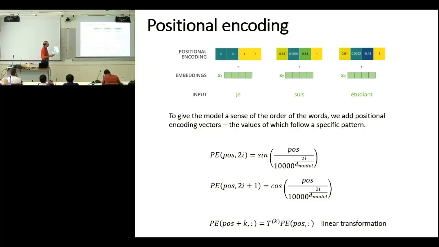In order to alleviate this problem, it has been proposed to concatenate or add to the embedding some other information which gives information about the position of the word in the sequence. Quite a lot of mechanisms have been proposed.